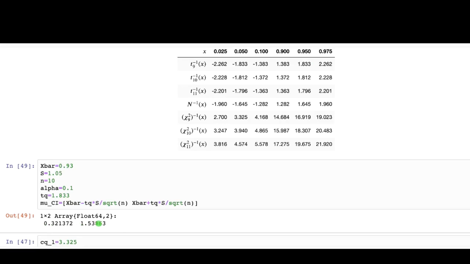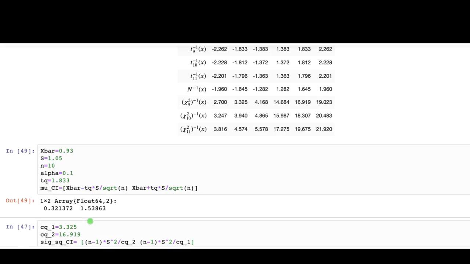In order to work out a confidence interval for the variance, we need to use the chi-squared distribution, and since n is equal to 10, we need the chi-squared distribution with 9 degrees of freedom, in other words this row over here. Because the chi-squared distribution is not symmetric, we need both the 1 minus alpha over 2 quantile, which is 16.919, and the alpha over 2 quantile, which is 3.325.